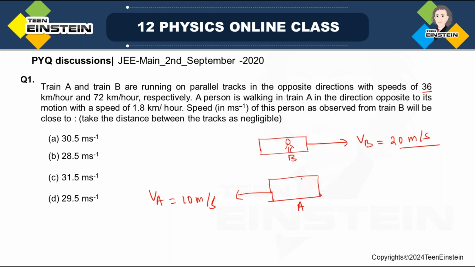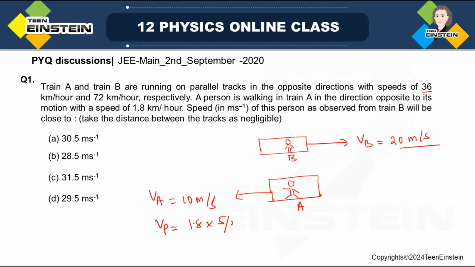But a person in train A is again walking, with speed 1.8 kilometer per hour.